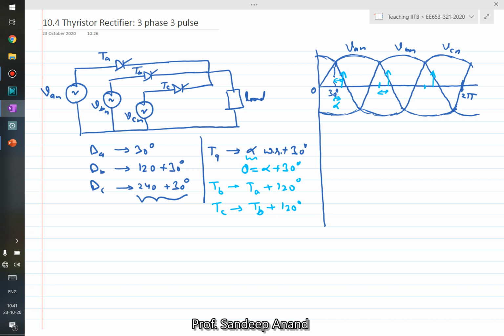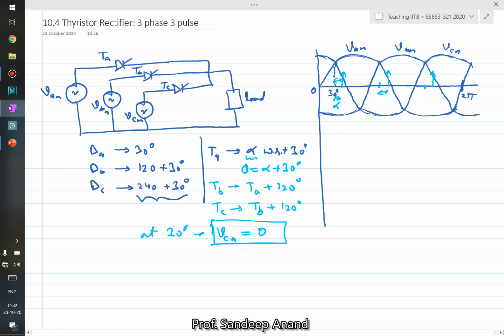So therefore we always defined angle alpha with respect to theta equal to 0, but here we define alpha with respect to theta equal to 30 degrees. You can also see this: at 30 degrees, VCA is equal to 0, right?